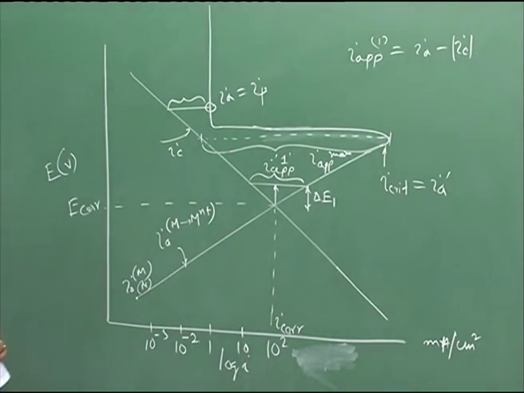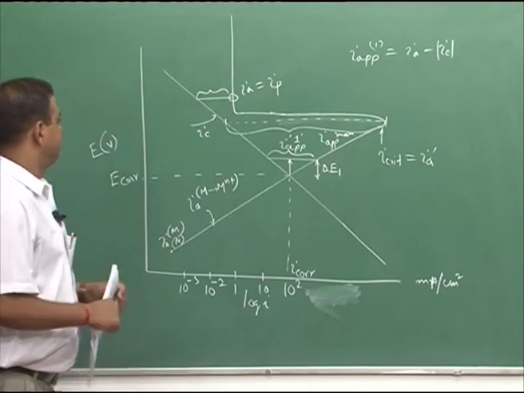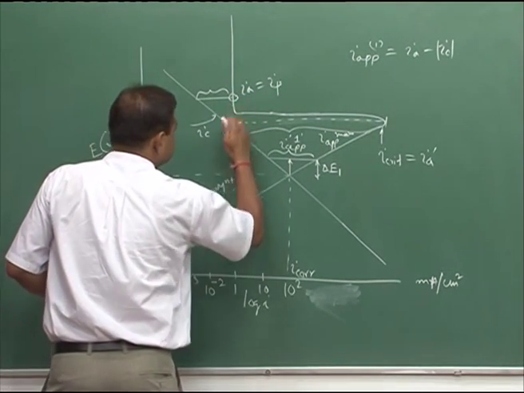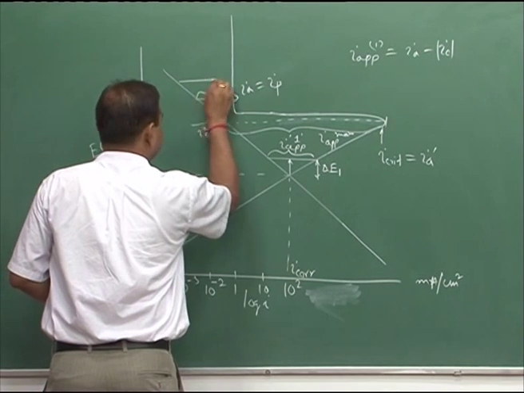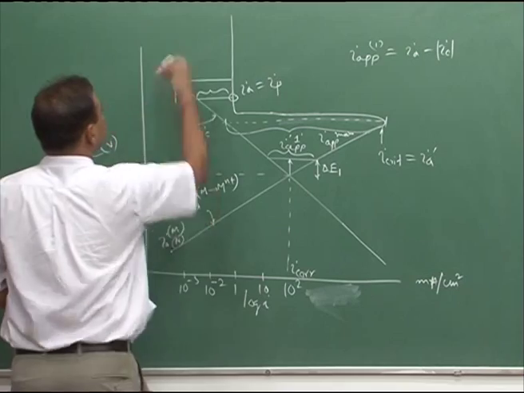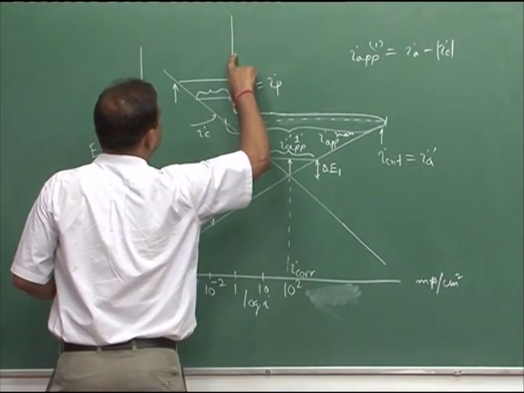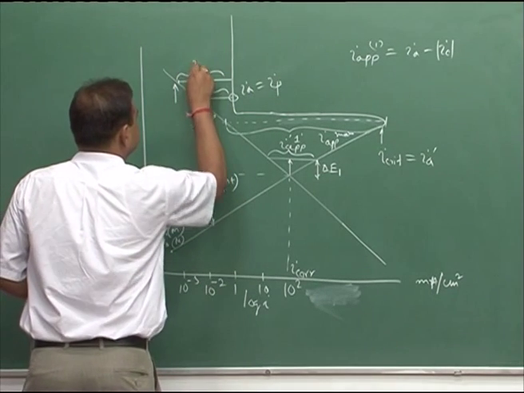IP means I passive, the current density corresponding to the passive range. Since this is very close to the unstable passivity region, let me move a little farther. So, I move a little farther on the positive side and reach a very, very stable passive range, and at that time my I applied is this much.